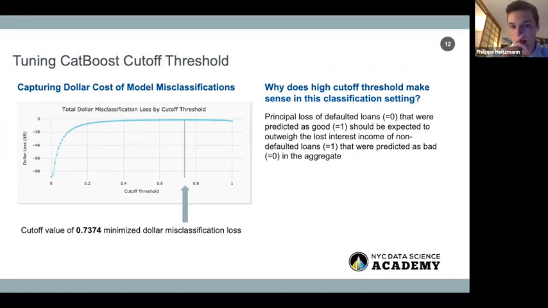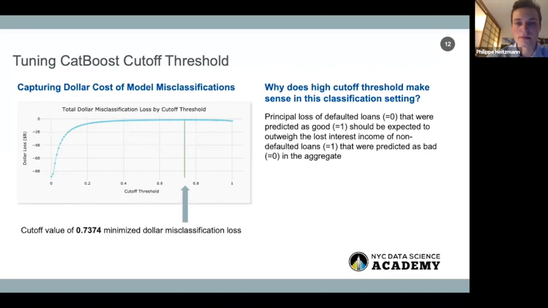The reason for that is that it's a lot more costly to predict a bad loan as good due to that principal loss than predicting a good loan as bad, which is just going to result in lost interest income, which is a lot less money than losing your whole investment. So that is what this cutoff threshold graph is showing, and that's what we went with going forward with our CAP-based classifier model.